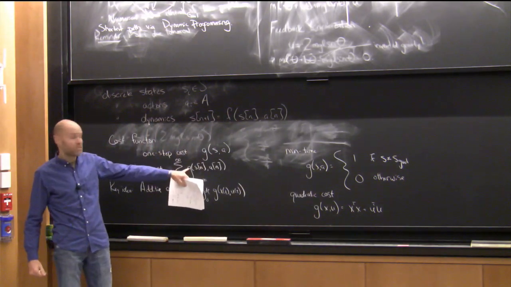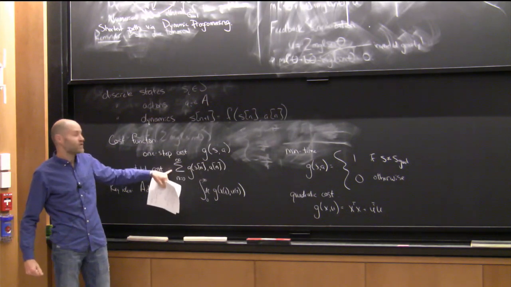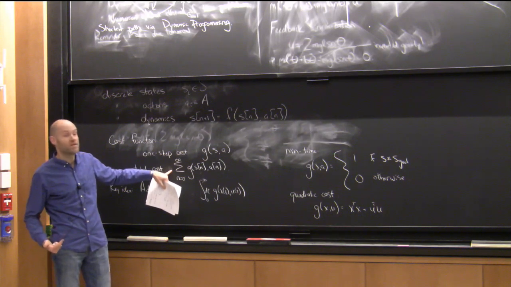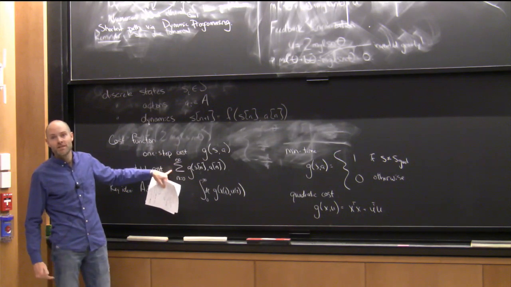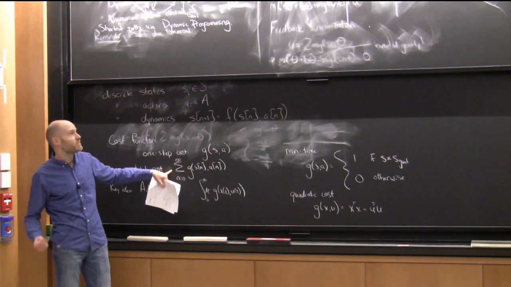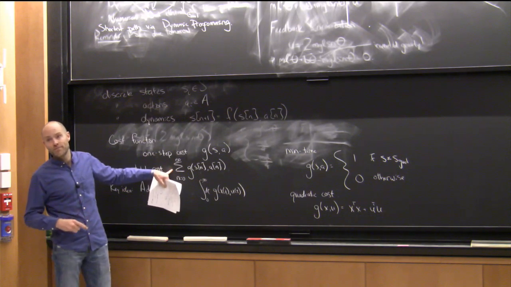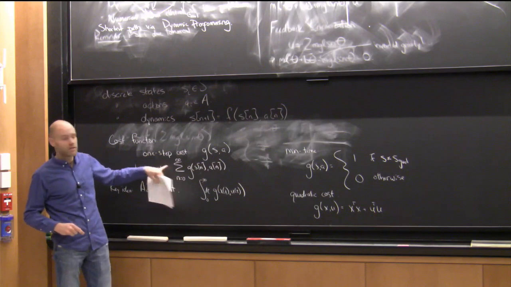Which sort of answers my other question, right? So this thing is only going to be a meaningful quantity if it ultimately converges, which means I have to be able to get to the goal. If there was no path to the goal, then this thing is going to accrue cost forever, and my formulation was poorly chosen.